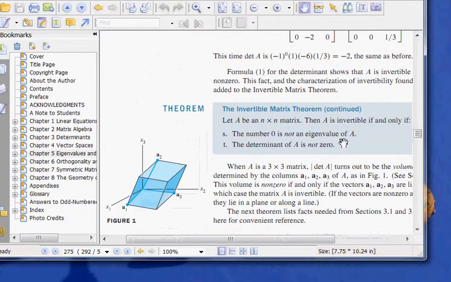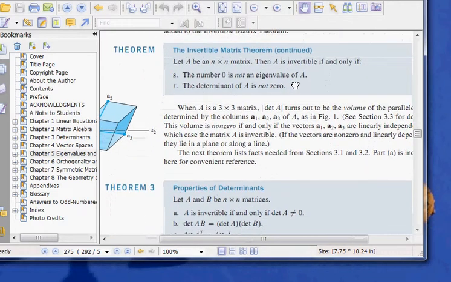So now we come to this theorem, the invertible matrix theorem continued. What this is saying is you have A, an n by n matrix. A is invertible if and only if the determinant of A is not 0. That's correct. We learned that in the beginning.